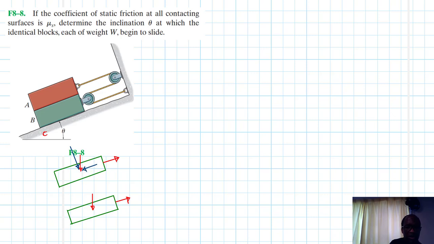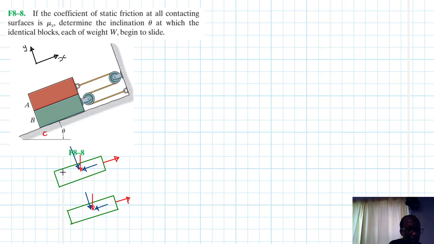Mind you, our coordinate system is like this. So this is the coordinate system that we are using. This is our X, this is our Y. Alright, and then we'll have also here another component like so, and there we'll have a component like so.